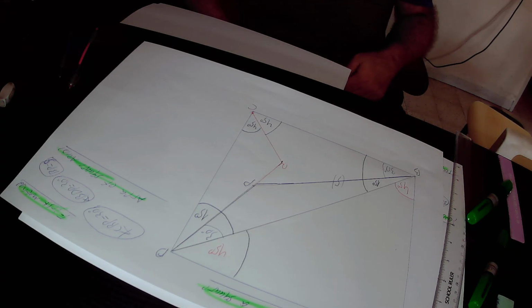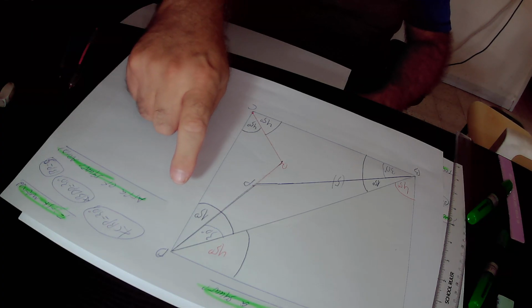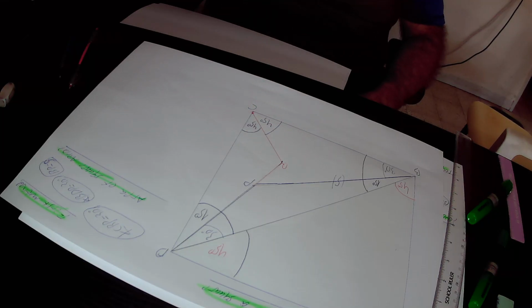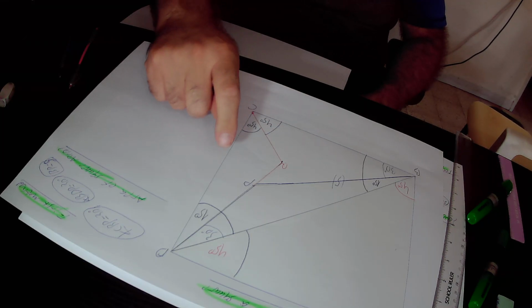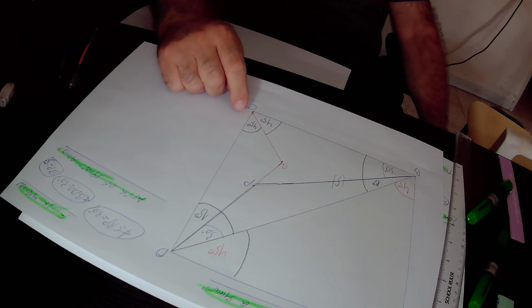So by doing this construction, we created triangle DQC. In triangle DQC, this angle equals 15 degrees. This angle equals 45 degrees. 15 degrees plus 45 degrees is 60 degrees.